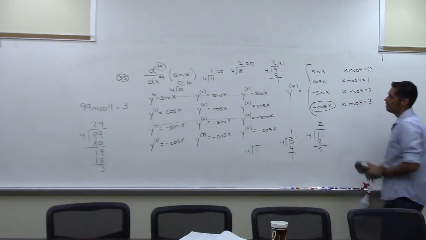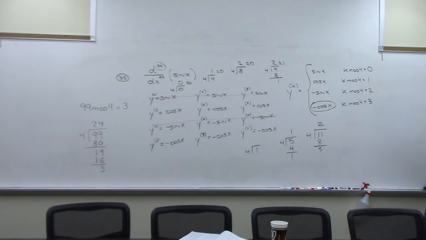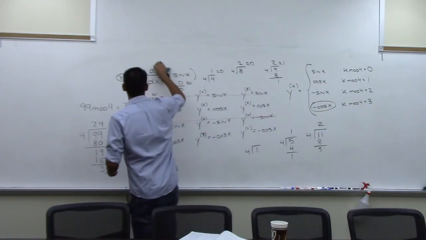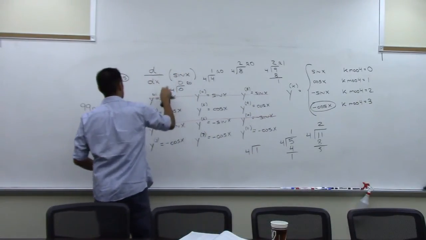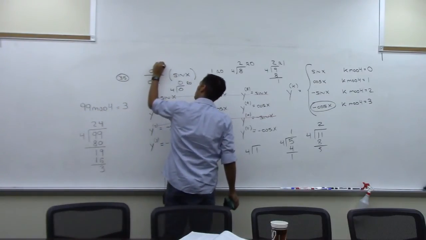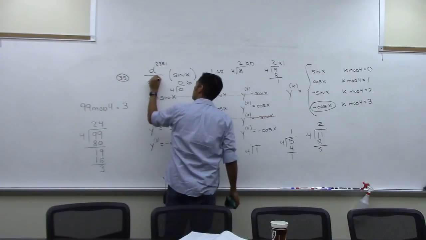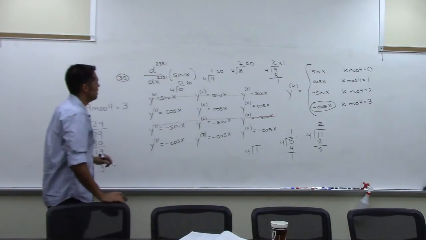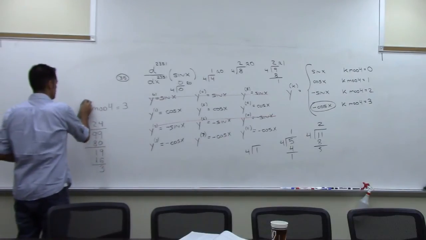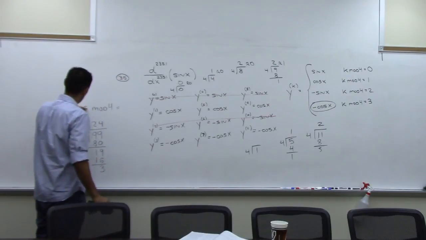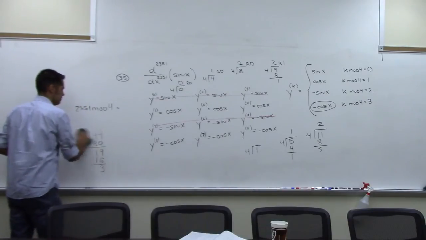Now, to illustrate the power of this, if I ask you what is the, let's say, 2,351st derivative of sine x, then all you'd have to do is figure out what 2,351 mod 4 is.